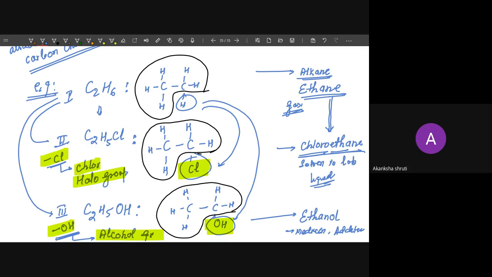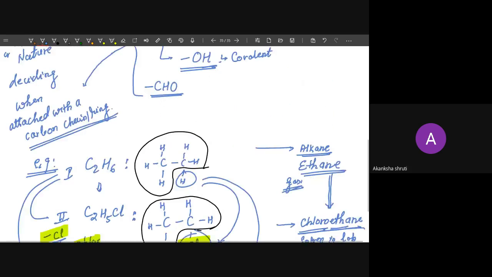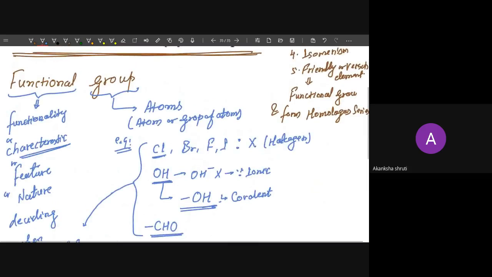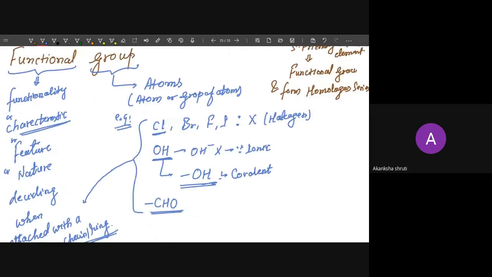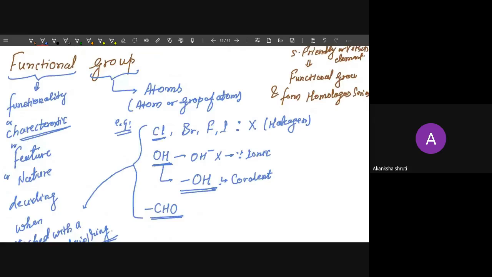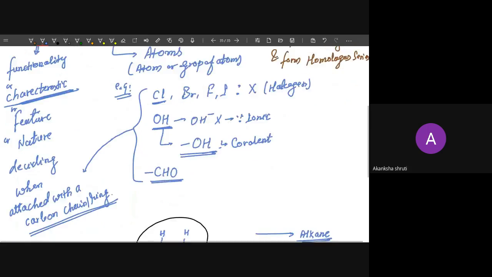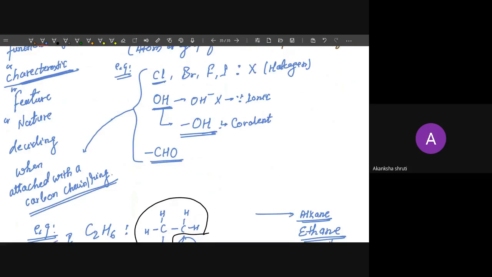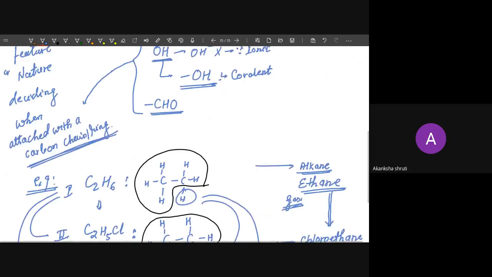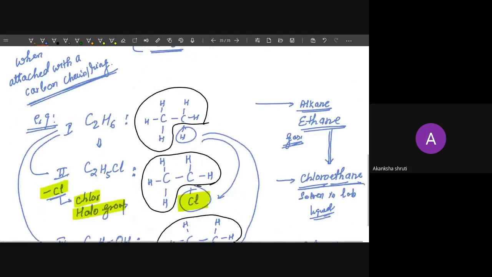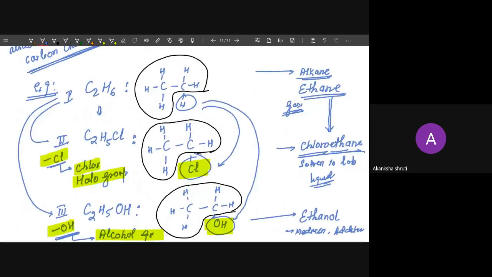So that is the definition of functional group. A group is a group of atoms that decides the functional or characteristic feature irrespective of the carbon chain. Whatever type of carbon chain is present, that is not deciding. Here everywhere we have 2 carbons and other hydrogens, but it is the chlorine and OH minus which decide the characteristic.